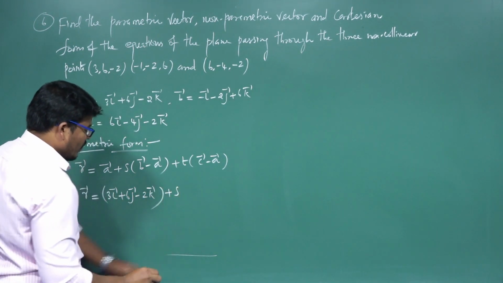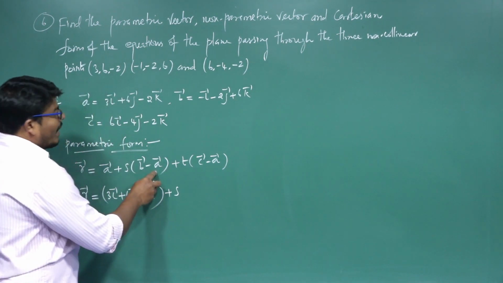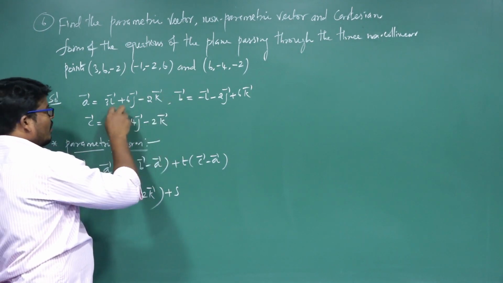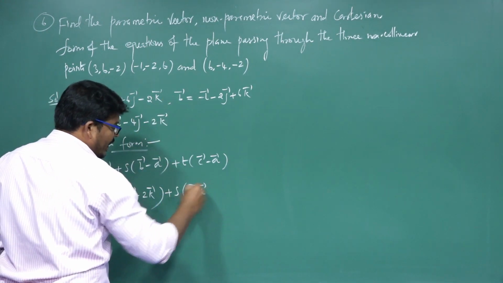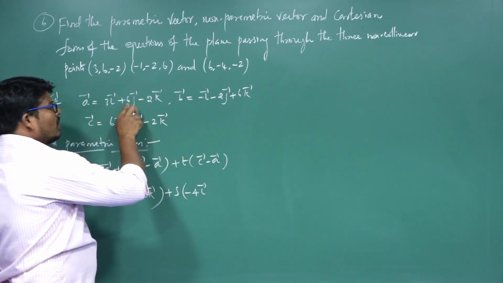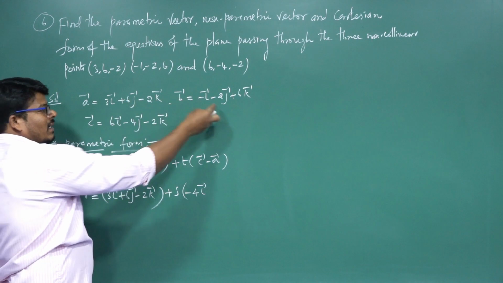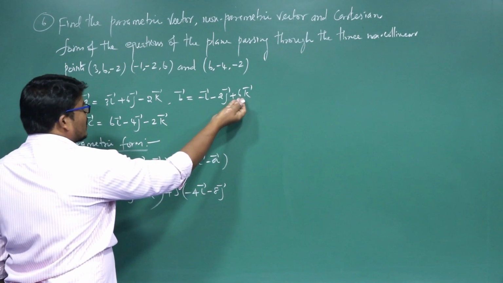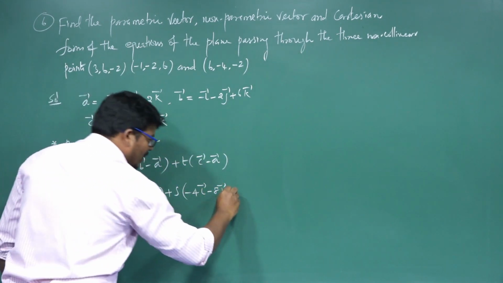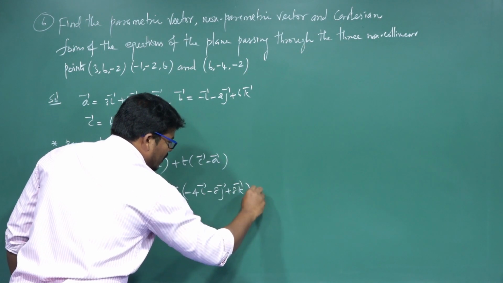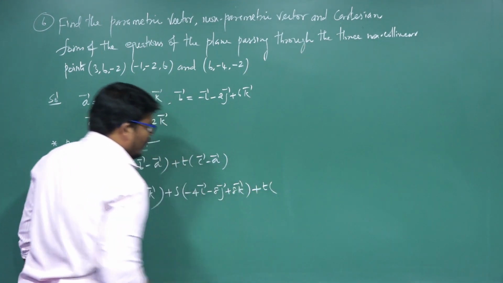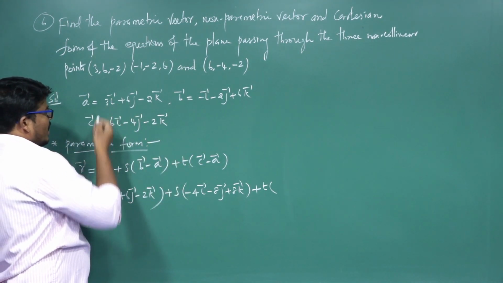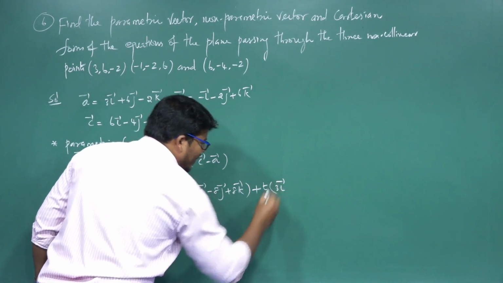plus s of b minus a. Here b minus a: minus 1 minus 3 is minus 4 i vector. Next, minus 2 minus 6 is minus 8 j vector. Next, 6 plus 2 is 8 k vector. Plus t of c minus a: 6 minus 3 is 3 i vector.